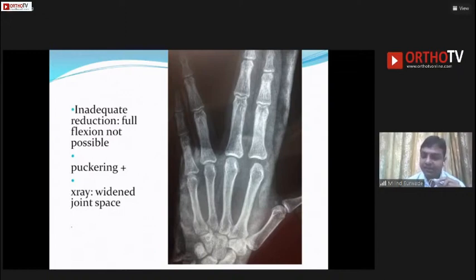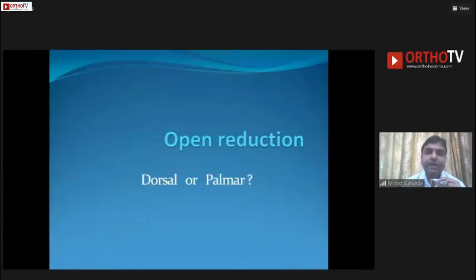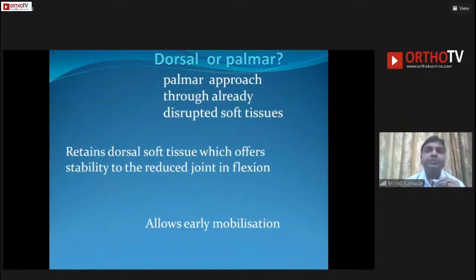So the next step is an open reduction, and these are the two approaches we can go for, and both are good. Both have pros and cons. Usually the proponents of the Volar approach say it goes through the already disrupted tissues.